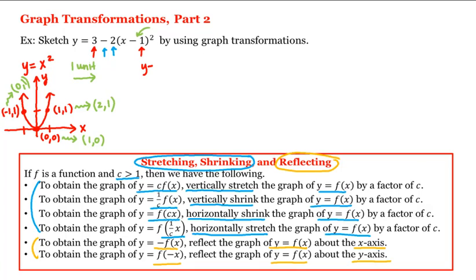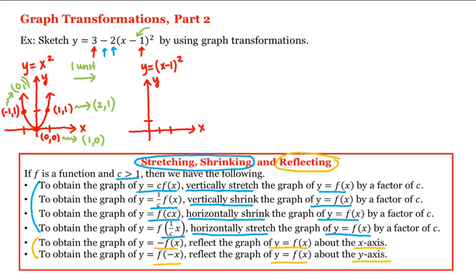Therefore, y is equal to x minus 1 quantity squared will look like this. So here's the y-axis. Here's the x-axis. So here's 1, 2, and 1.